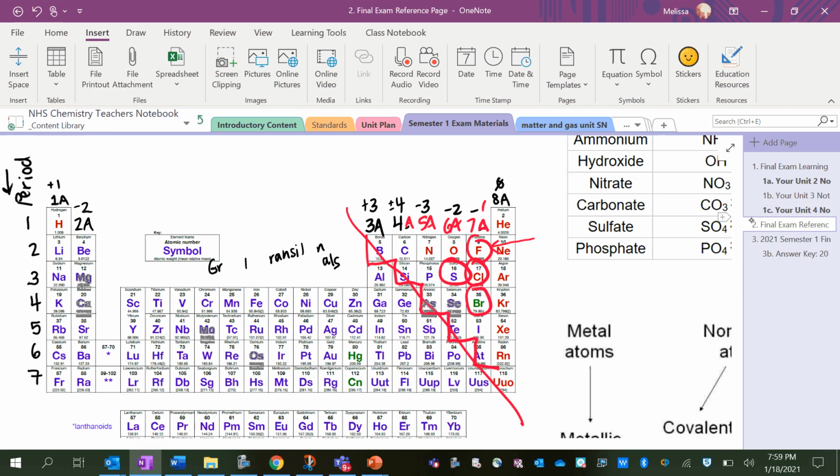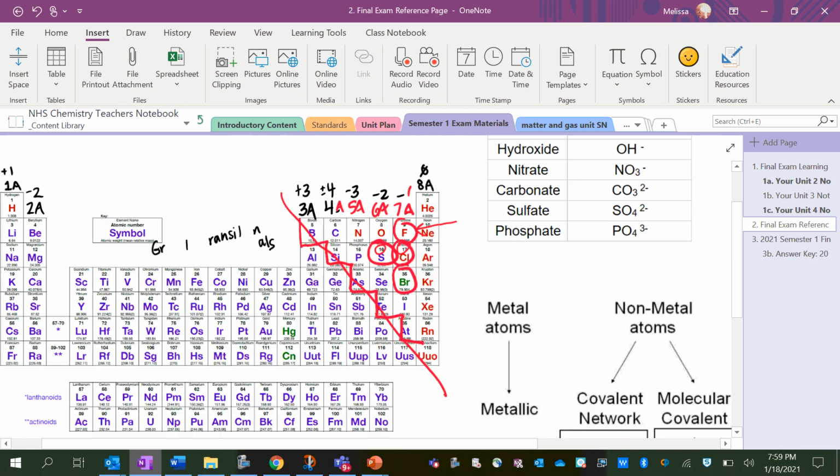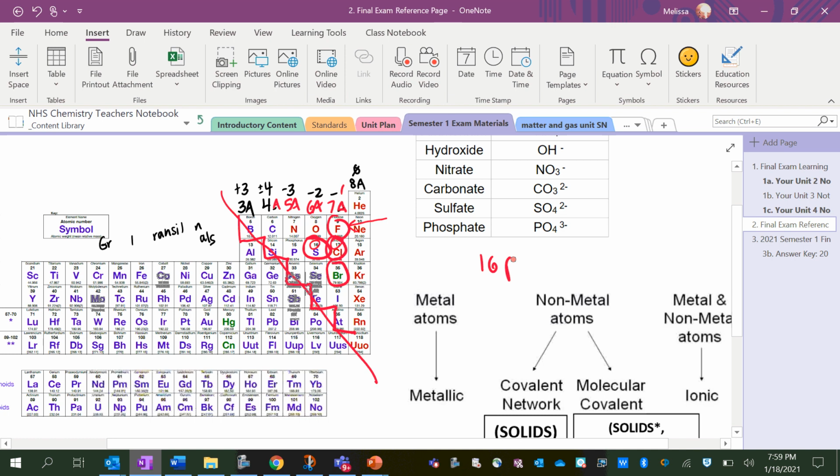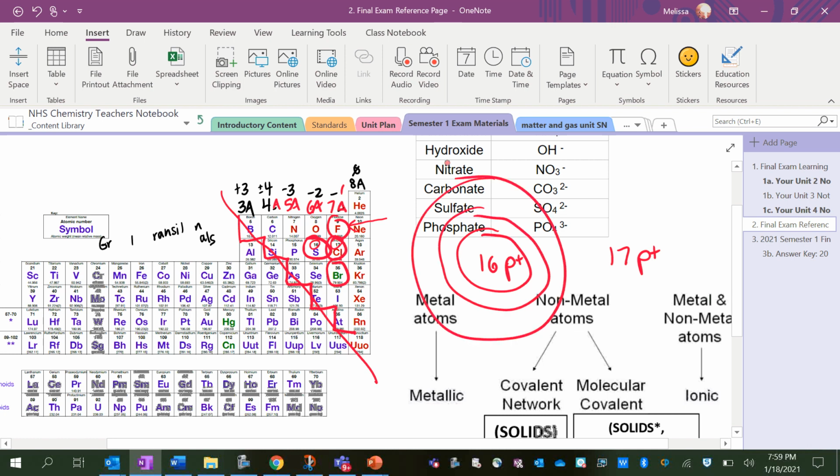But now we're kind of stuck because between sulfur and chlorine, 16 and 17, they're both in period 3, so they both have 3 shells. So the only difference is that chlorine has 1 extra proton in the nucleus. So sulfur has the 3 shells, but the chlorine can pull in those shells a little bit tighter because of that extra positive proton in the nucleus.